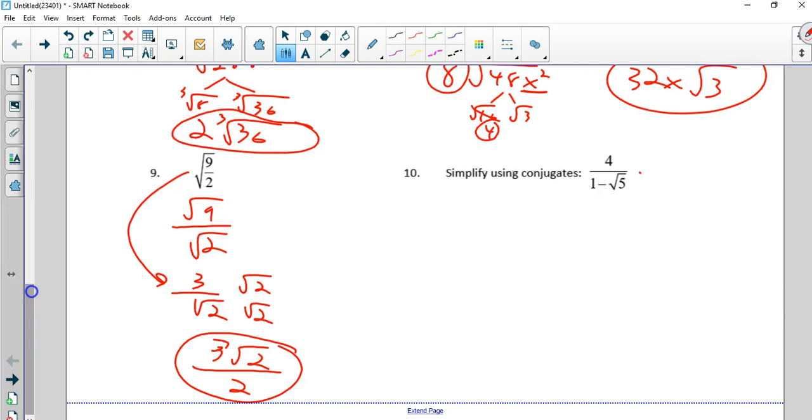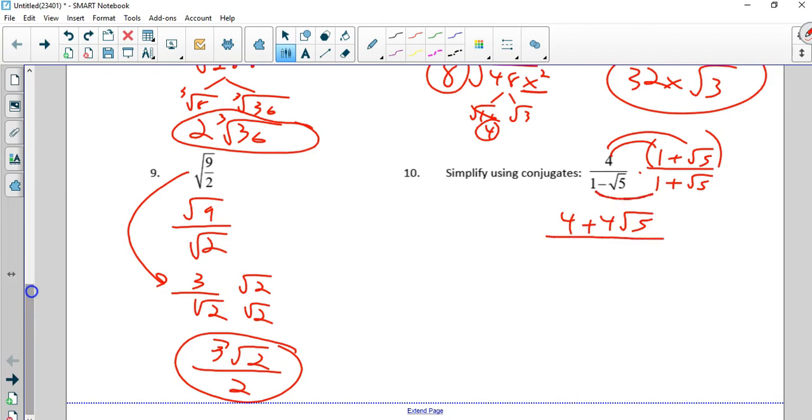Same idea here, except this time I cannot just multiply by radical 5. I need to multiply by 1 plus radical 5, top and bottom. Treat this like it's parentheses and distribute. 4 plus 4 radical 5. On the bottom, I just do first and last. 1 times 1, minus, plus minus times minus, 5, which gives me negative 4.